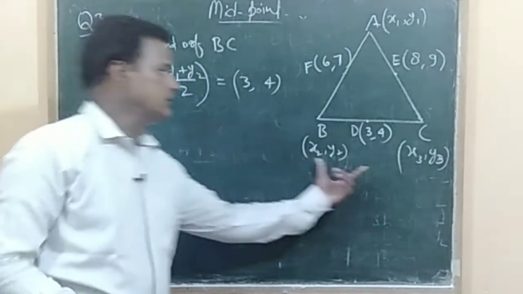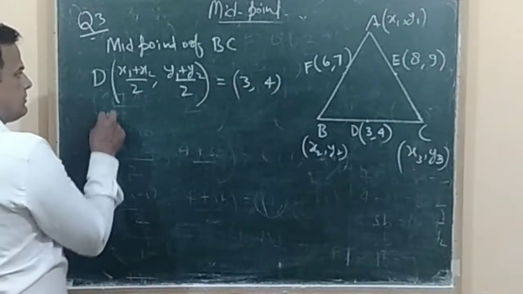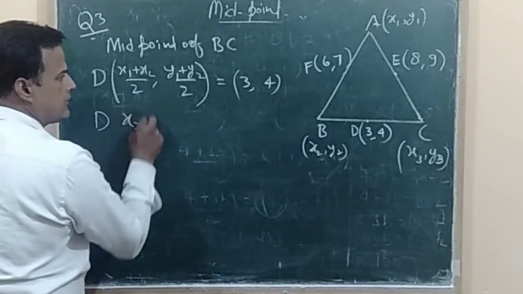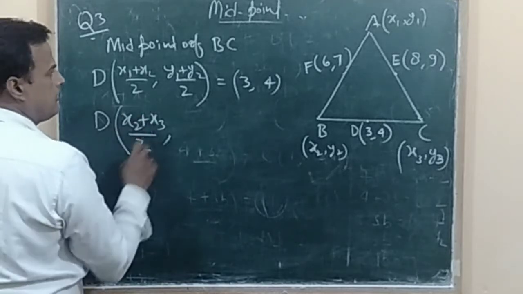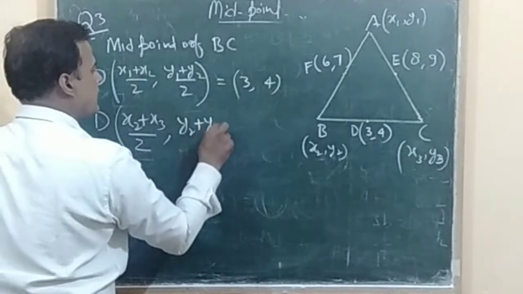By this formula, the midpoint of BC will be (x2 plus x3) by 2 and (y2 plus y3) by 2.